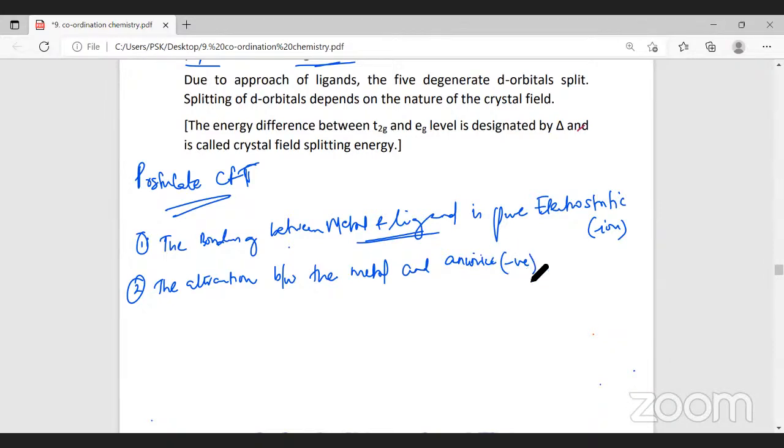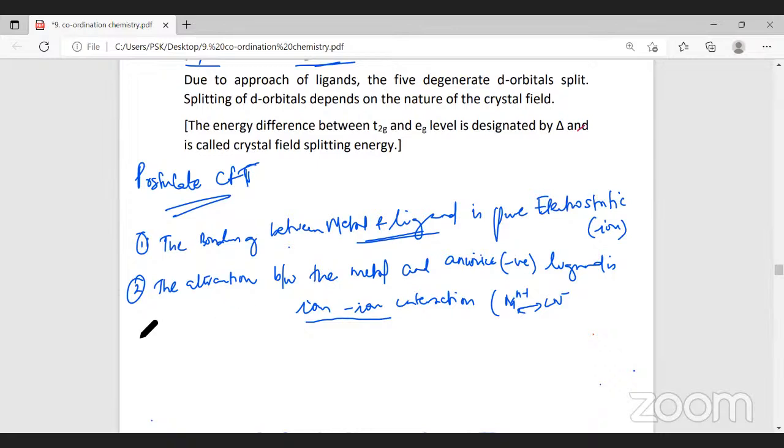What type of interaction is this? Ion-ion interaction. For example, if the metal is electropositive and you take a ligand like CN minus, which is negatively charged, this is an ion and this is also an ion. Therefore, it is called ion-ion interaction.